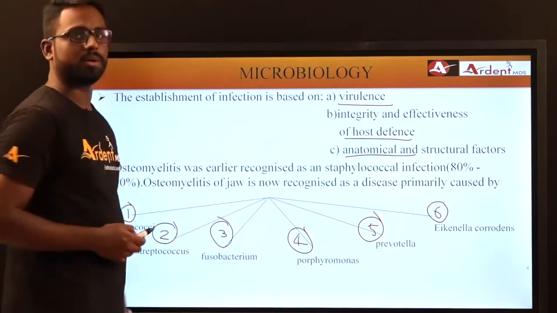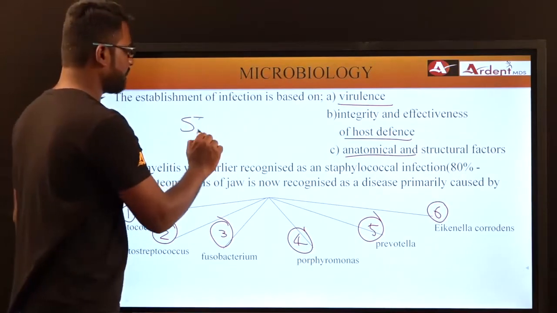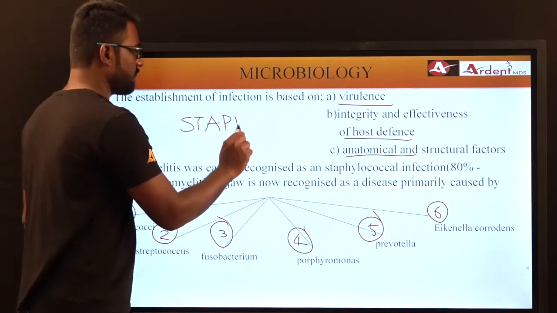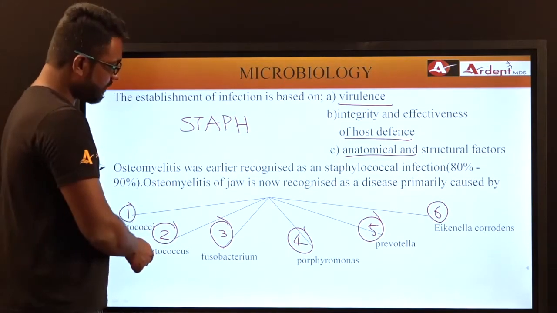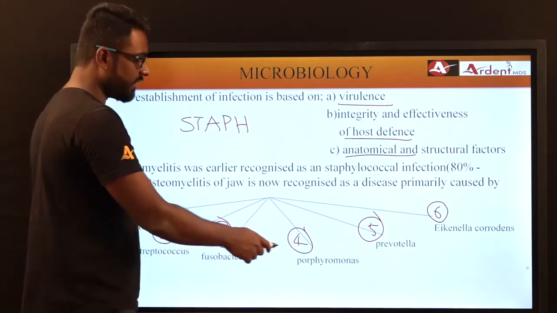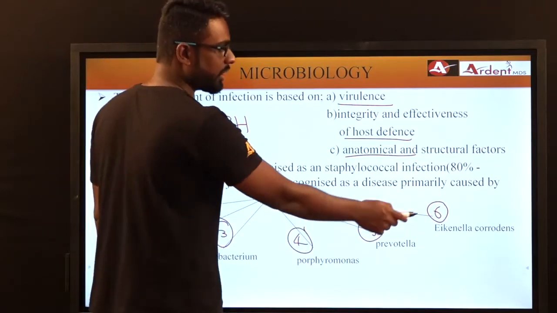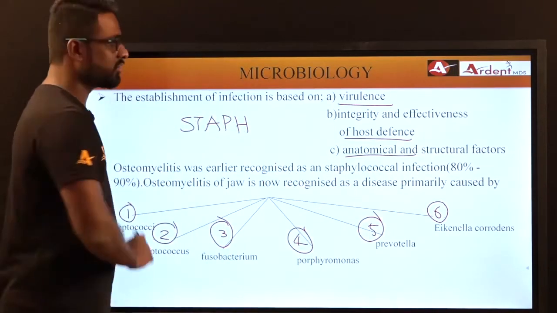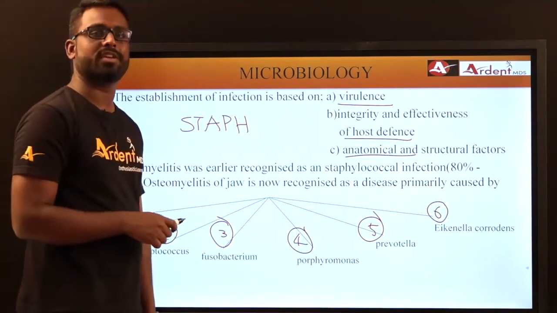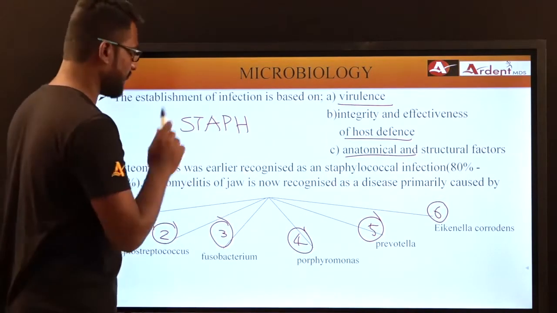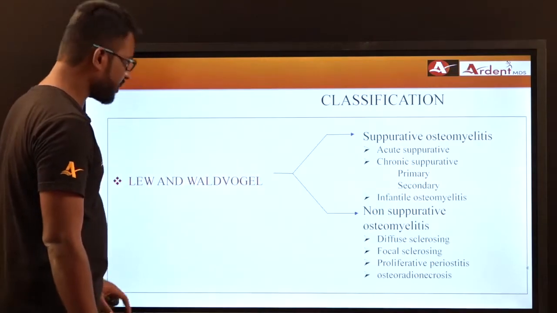These are the other organisms apart from staph. So it is multibacterial. These many organisms have the potency or virulence to cause osteomyelitis. So that is all about the microbiology.